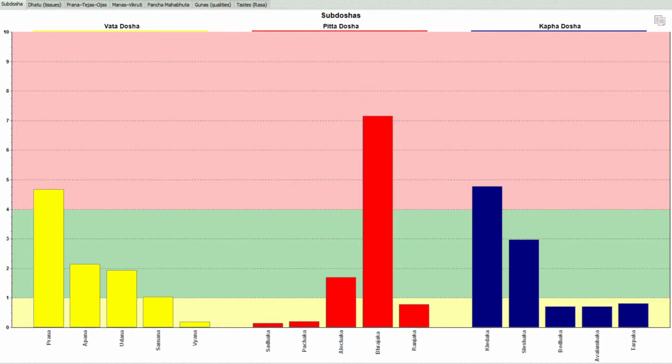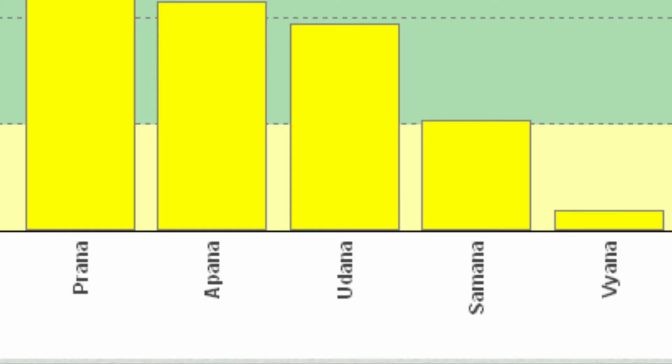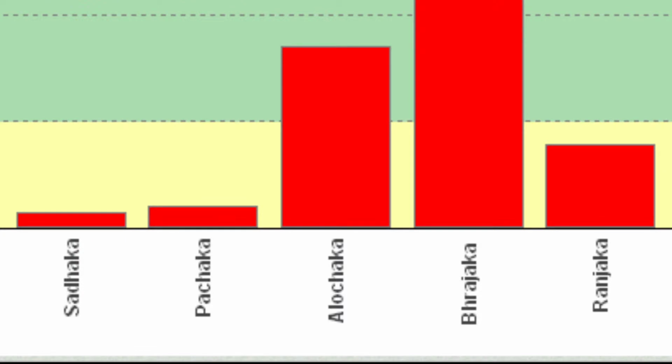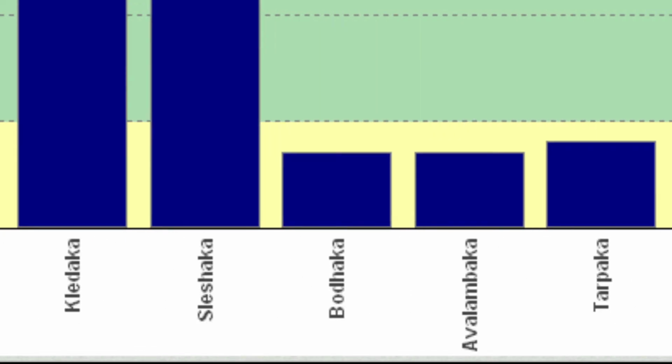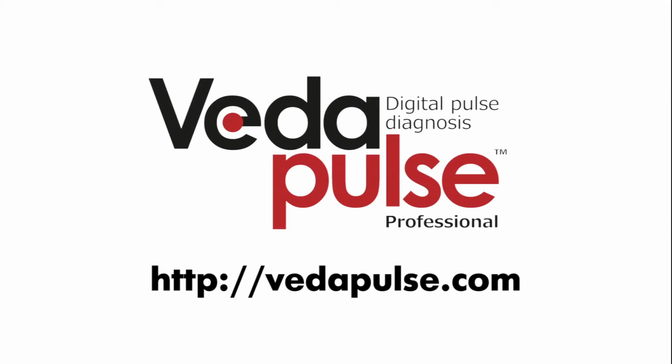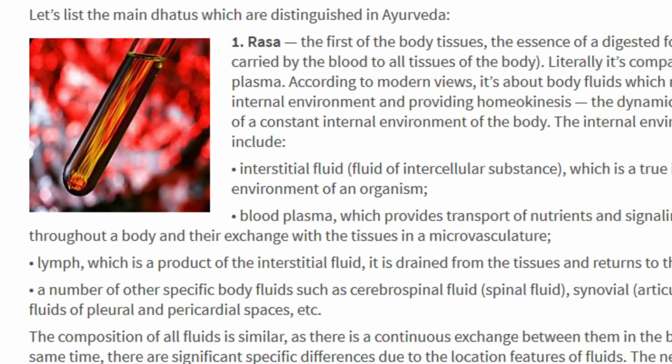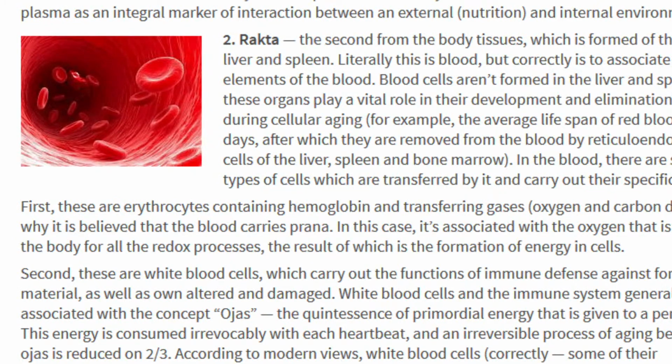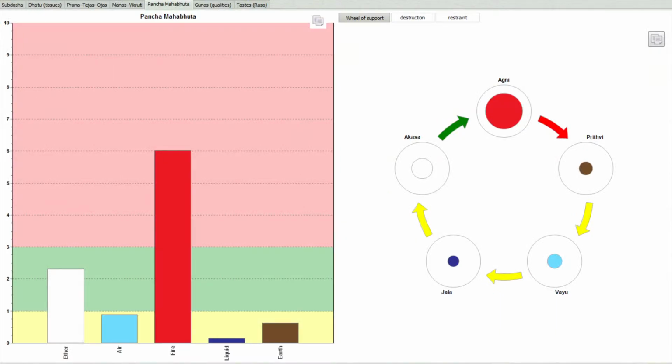Going forward, the next module is called Nidana, which means the root of disease. This module includes 3 tabs. The Subdosha tab allows for an in-depth analysis of regulation subsystems, which are called subdoshas in Sanskrit. On our website, you can find articles about it. The Dhatu tab allows determining the functional state of the tissues, sort of the Ayurvedic histology.